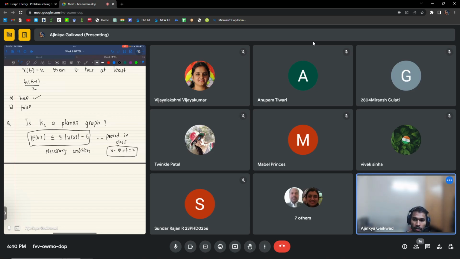So if there is a graph and it is planar, then it must satisfy this condition. Now, if K5 is planar, then it should satisfy this condition. But how many edges are there inside K5? Can anyone tell me?